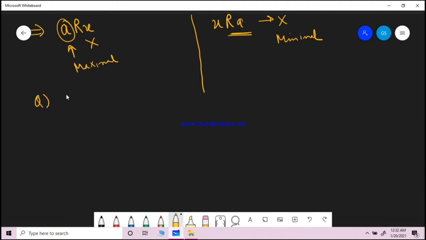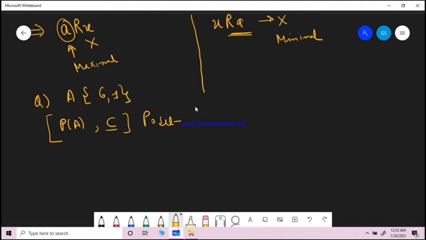Suppose I have a poset with set A equal to 6, 7, and the relation is subset on the power set of A. This is my poset. Now I have to find the maximal and minimal elements in this poset.